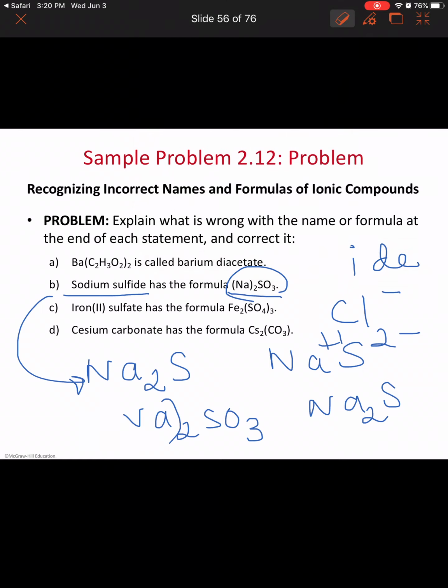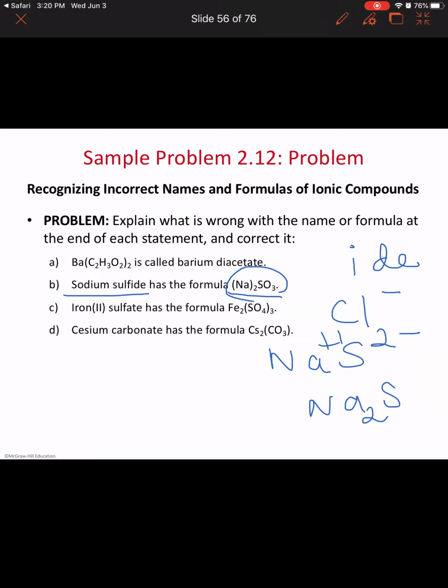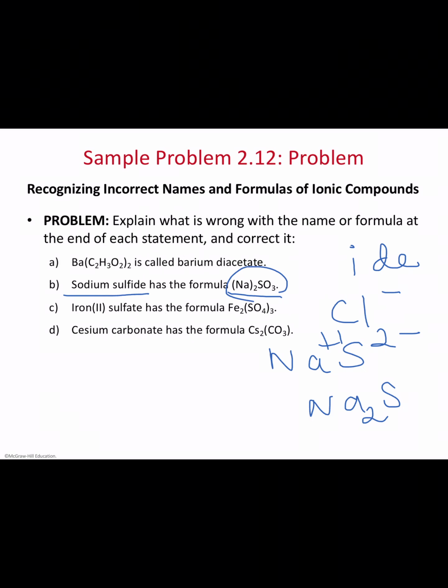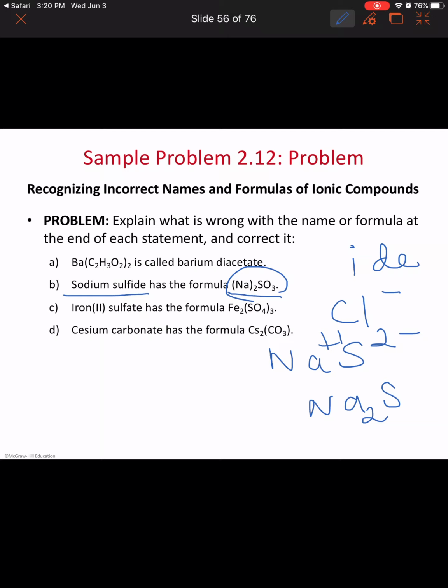One thing is you don't write parentheses in sodium, and what is given here is sodium sulfite, not sodium sulfide. Okay, so sodium sulfide is this one. The one I just showed you is sodium sulfide, IDE, and this is sodium sulfite.